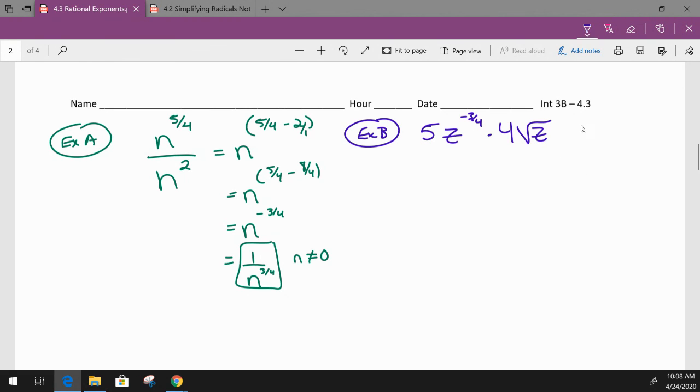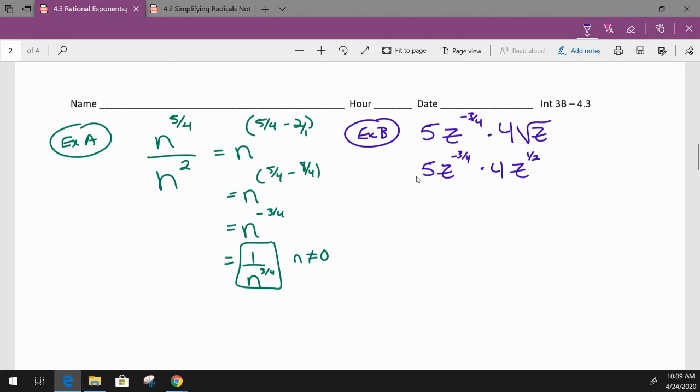When that happens, you want to change the radical to a rational exponent. So the 5z to the negative 3/4 power, we're going to leave the same. And the square root of z is the same as z to the 1/2 power.